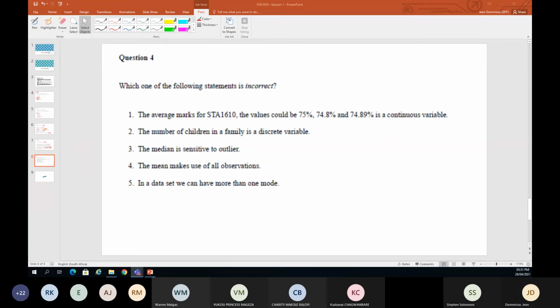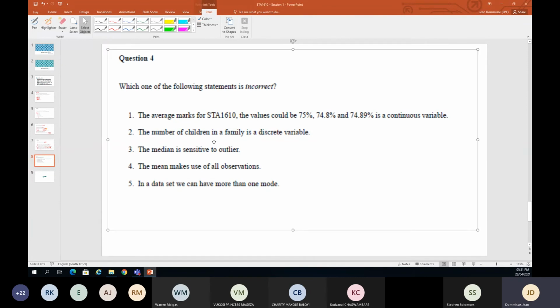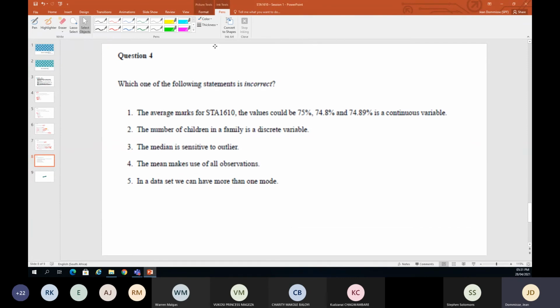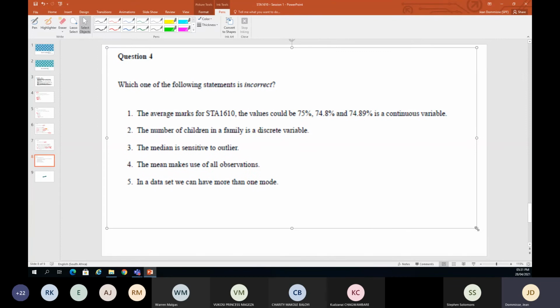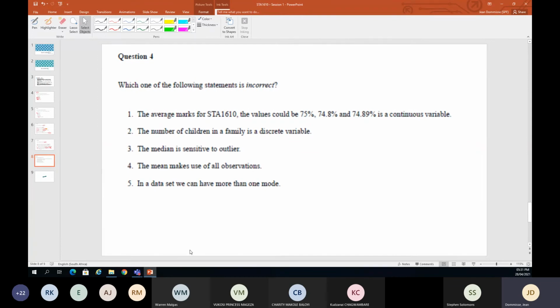Okay, so let's quickly look at the last one. Let's look at which one of the following statements is incorrect.